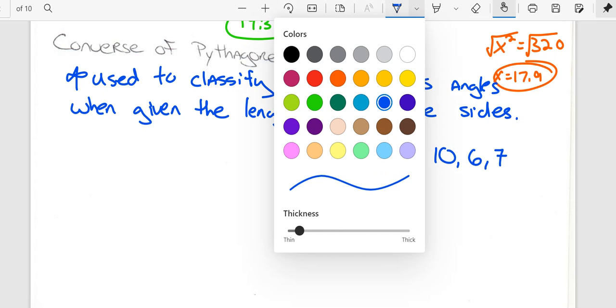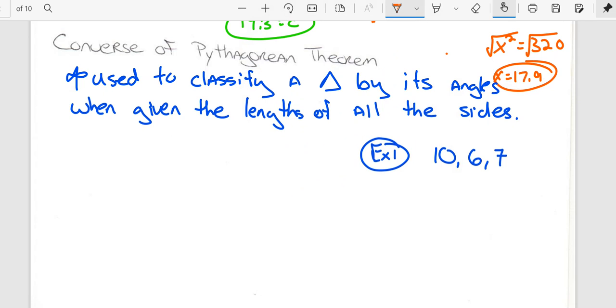By its sides, that should be simple enough. So by its sides, this triangle would be scalene. Remember, scalene is a triangle with no congruent sides. But that's not what this converse of the Pythagorean theorem says. It says it's used to classify a triangle by its angles.